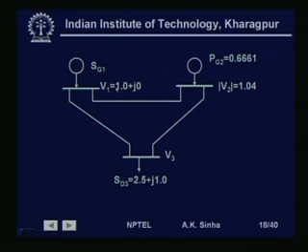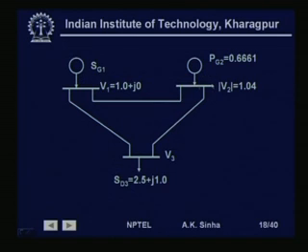We have put here voltage magnitude as 1 per unit and angle as 0 degrees, that is in rectangular form we can write it as 1.0 plus j 0. So, voltage magnitude and angle at this bus is specified. The real and reactive power injection at this bus is unknown.